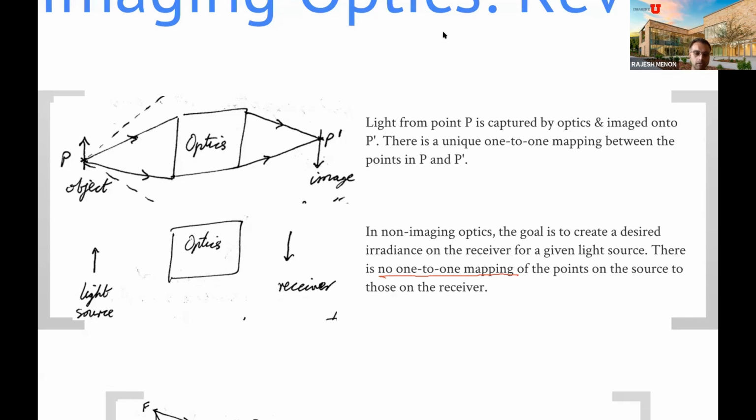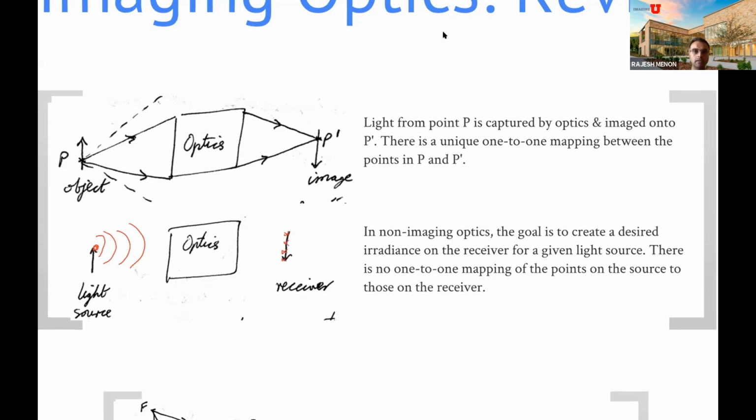Another way to think about this is that if I take any point here, the energy emitted by this point, which you can think of as going off as spherical waves, can end up in many points here. It is a one-to-many mapping. That's another way to think about this.